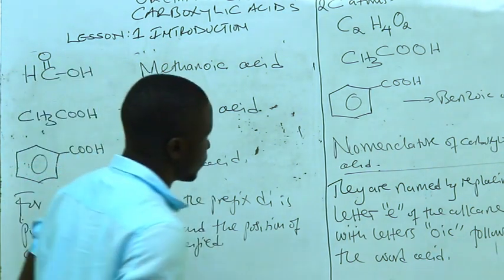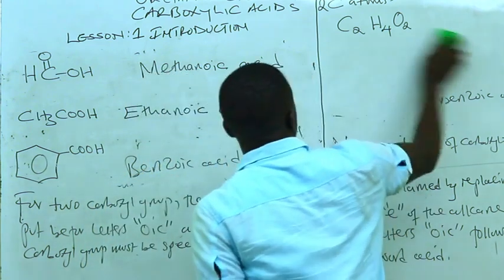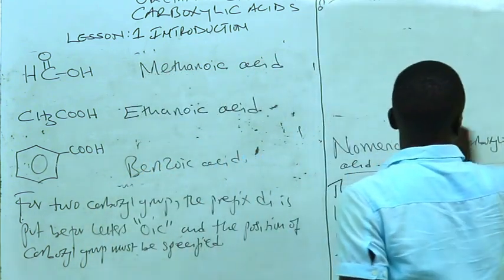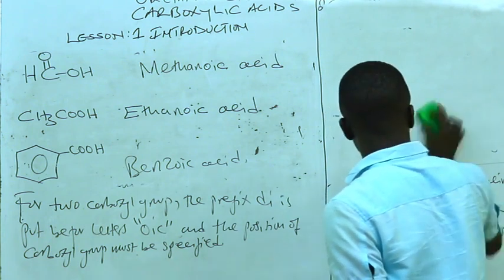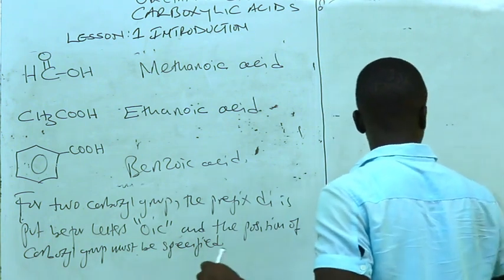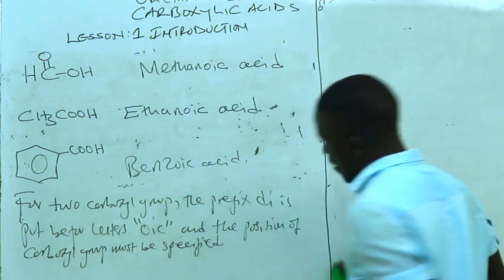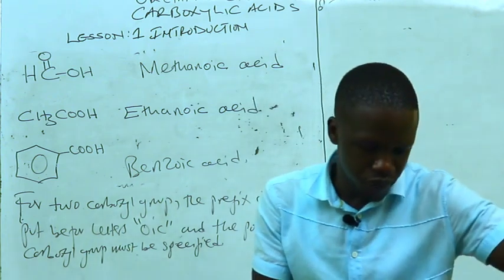For example, I may have a carboxylic acid with 2 carbon atoms, but each of them has a carboxyl functional group.